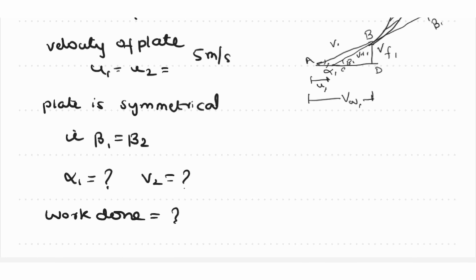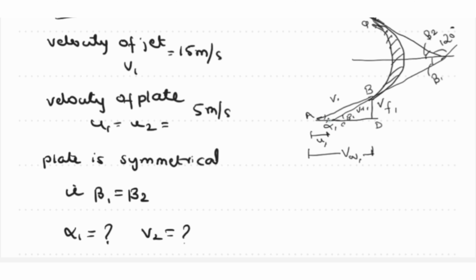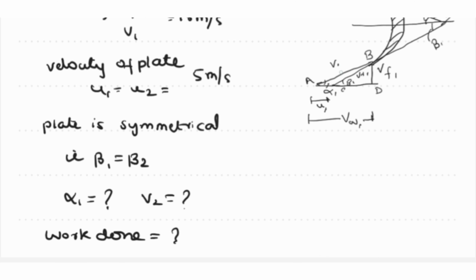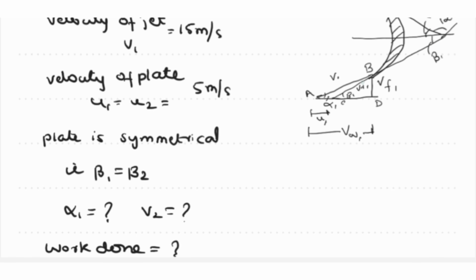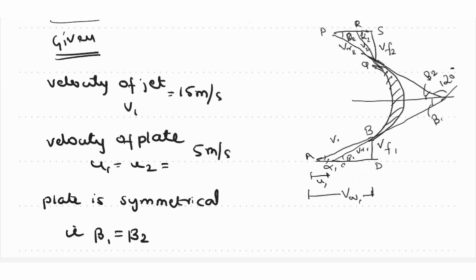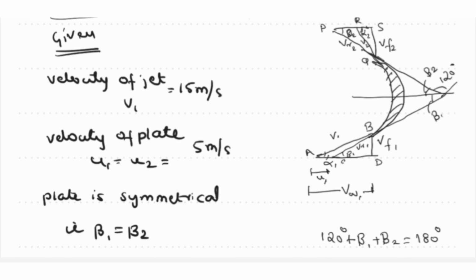So now we will solve this problem. We have to calculate the value of alpha 1 at the beginning. In order to calculate alpha 1, first you should calculate beta 1 and beta 2. You can see that the total angle on this line is 180 degree, and beta 1 is equal to beta 2. So 120 degree plus beta 1 plus beta 2 is equal to 180 degree.